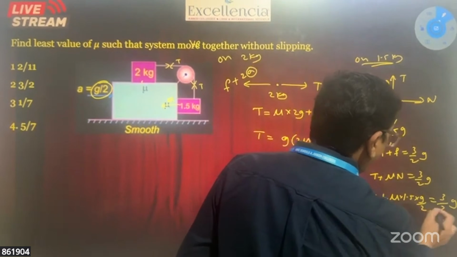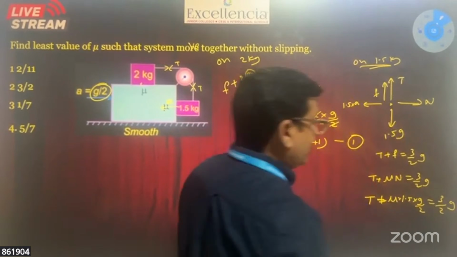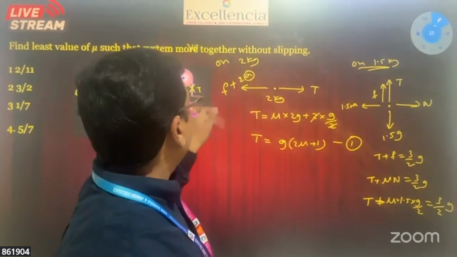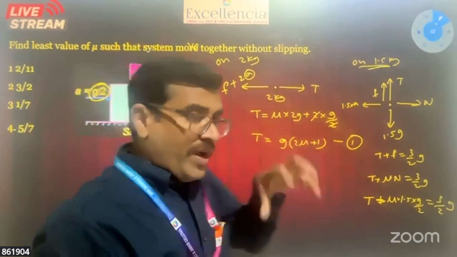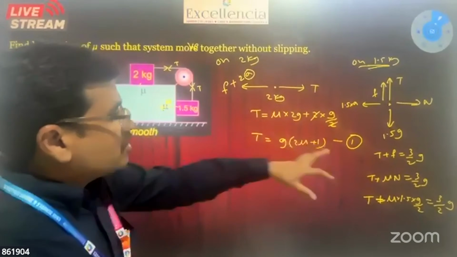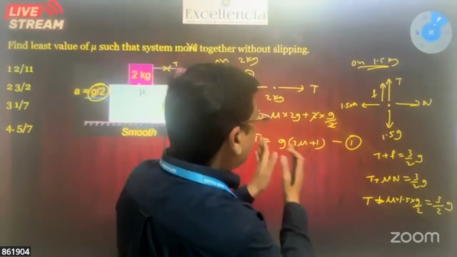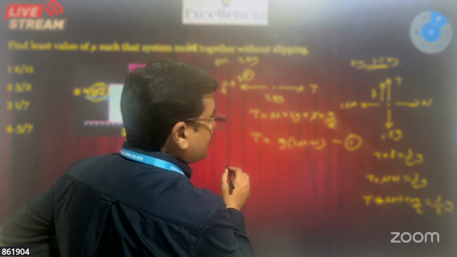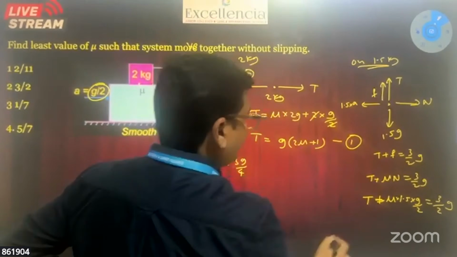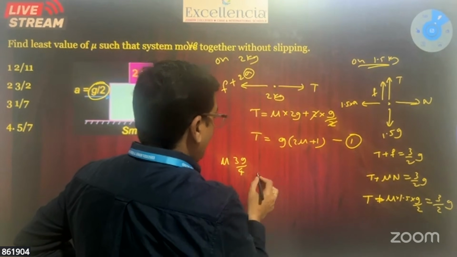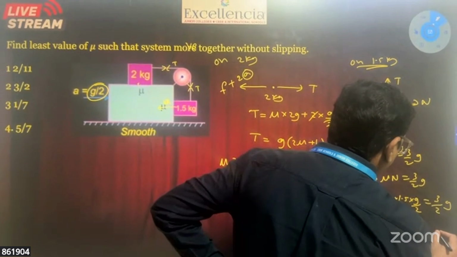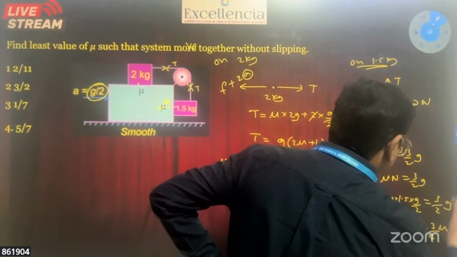This is the required condition, where tension is balanced by the weight mg acting downwards as well as the friction force acting in the upward direction. So I'm writing mu into 3g by 4, because of 3 by 2 g, and on the other side T equals 3 by 2 g minus 3 by 4 mu g.